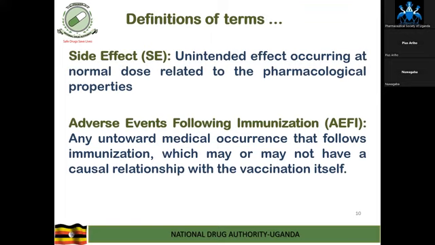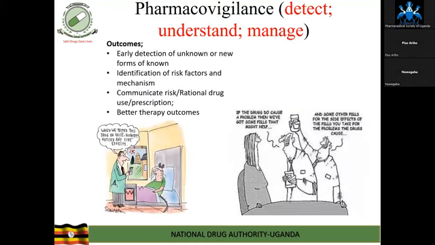So these are some of the most critical, most important definitions in pharmacovigilance. As I had said earlier, the essence of pharmacovigilance is to detect, understand, and manage side effects, manage adverse drug reactions. And of course, the earlier you detect them, the better.